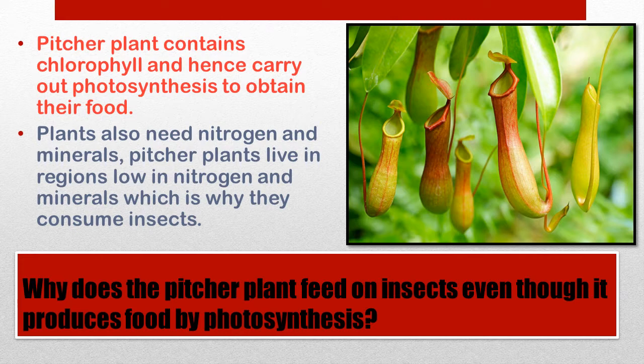That means for growing, apart from photosynthesis, nitrogen and minerals are also required. These pitcher plants grow in regions low in nitrogen and minerals, so they trap insects just to take the nitrogen and minerals from them, and that's why they feed on insects also.